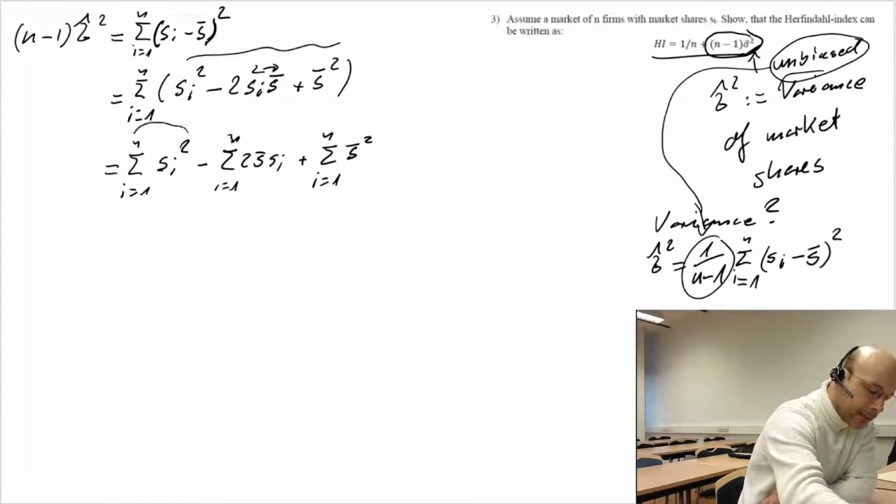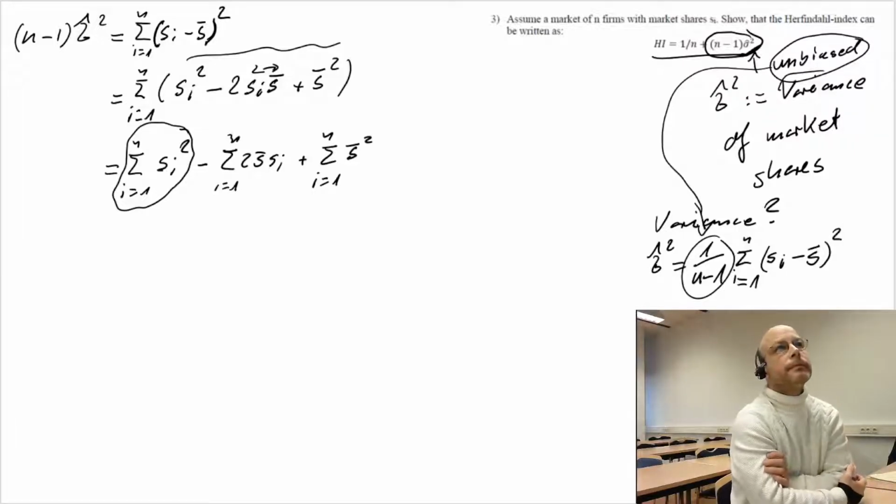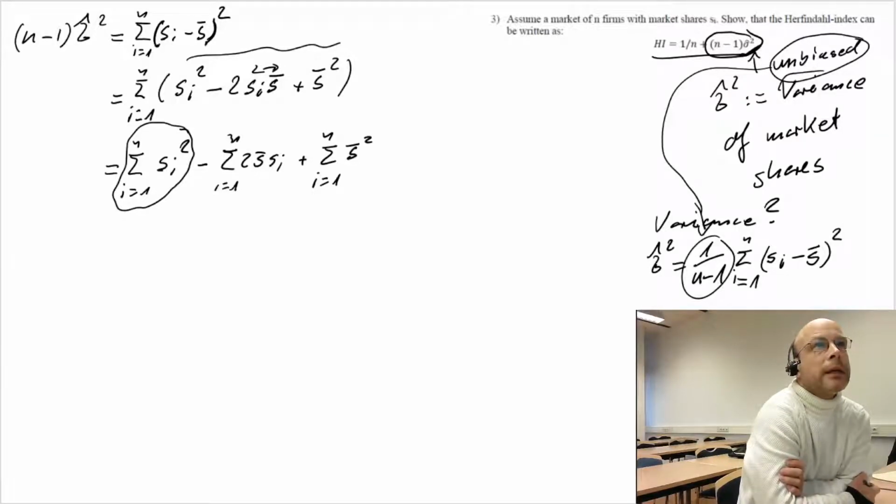And what is this already? The sum over squared market shares.